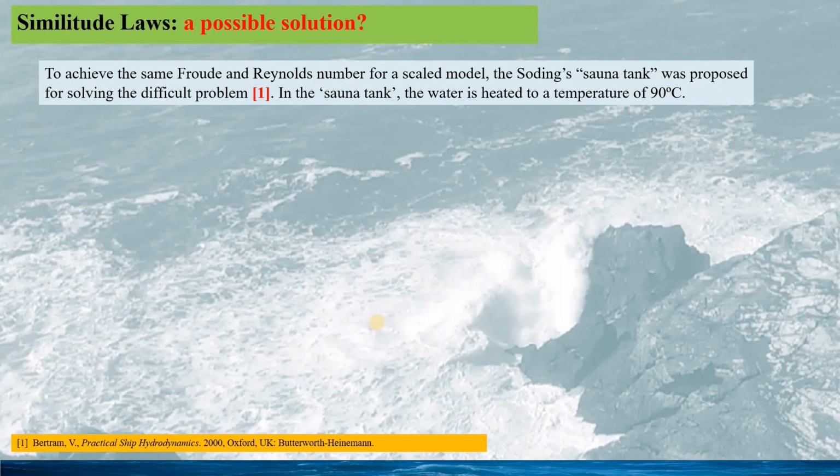In this slide, an interesting example would show how we can achieve the Reynolds and the Froude similitudes at the same time. This is the proposed sonar tank, for which the water is supposed to be heated up to 90 degrees Celsius for the model test.